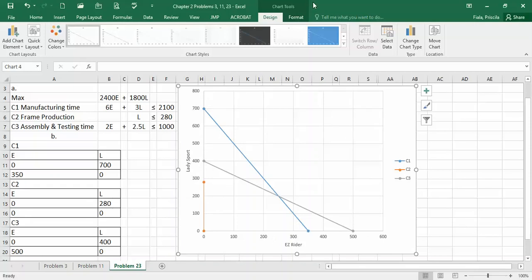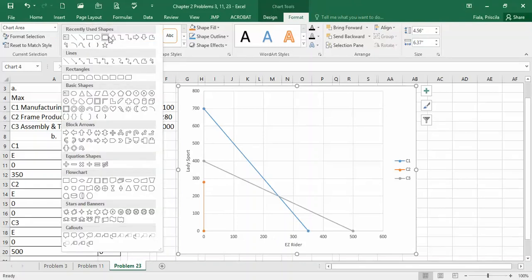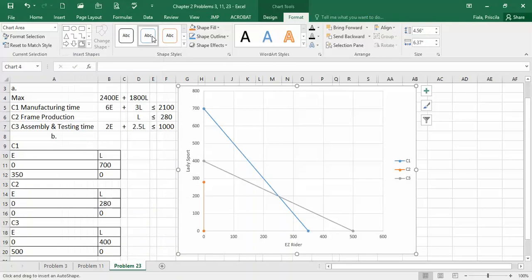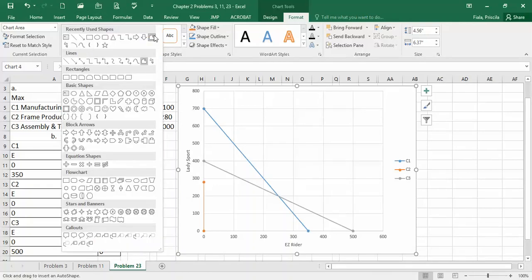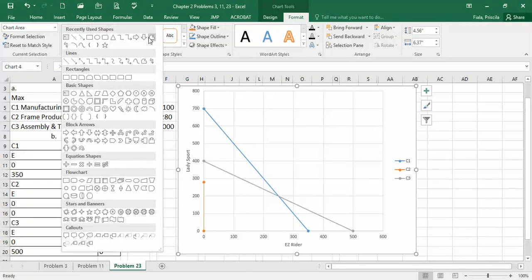So now let's go ahead and shade the feasible region. Sorry, I just sneezed. I'm going to insert a freeform right here, and I'm going to start at 0. I don't think it's really doing what I want.